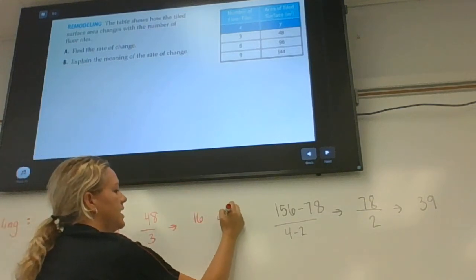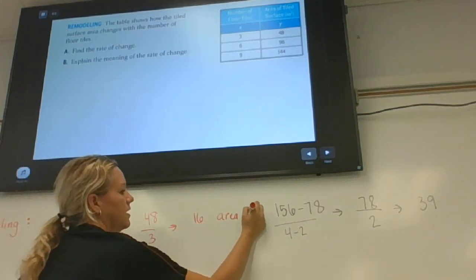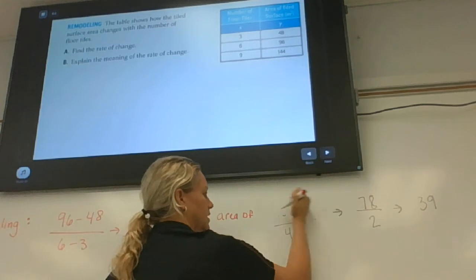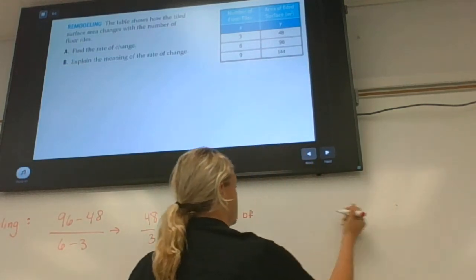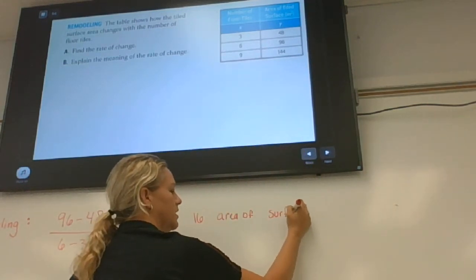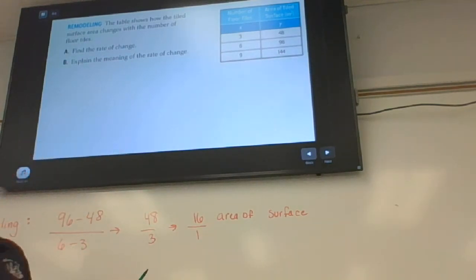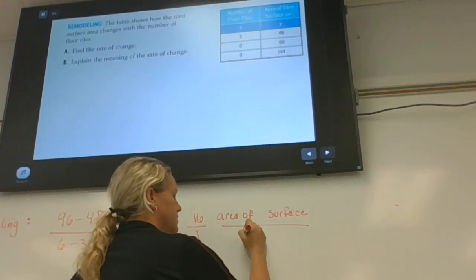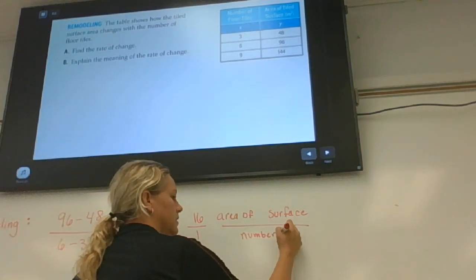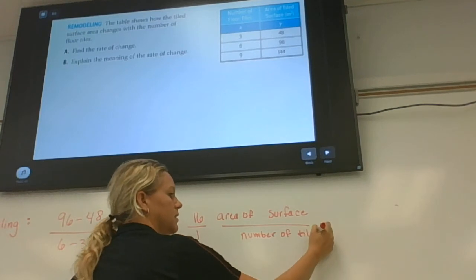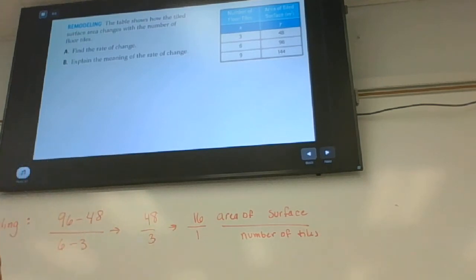Okay, so this is area of surface all over 1. What do the x's represent? Number of floor tiles. Yeah, write that. And still we're looking for a sentence.